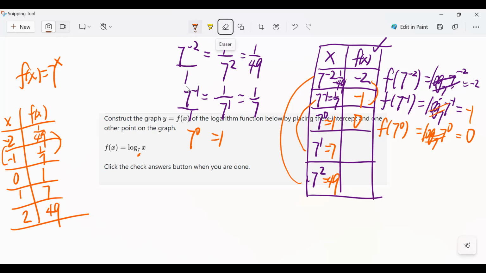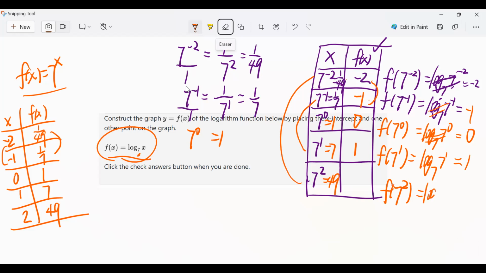So that's exactly the inverse relationship between exponent and logarithm. So now f of 7 to the first, log base 7 of 7 to the first is 1. So the answer is 1 here. f of 7 to the 2, log base 7 of 7 to the second, that'll be 2.